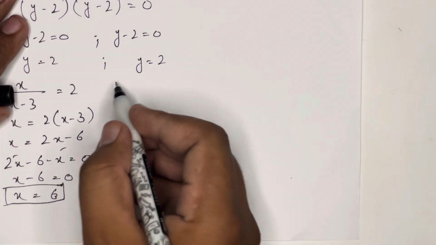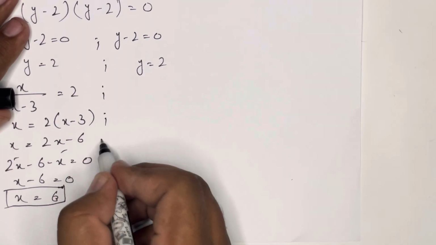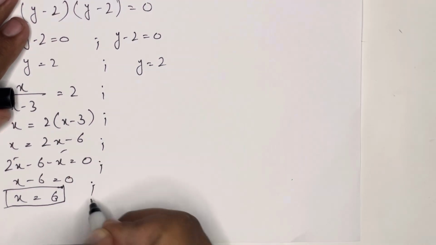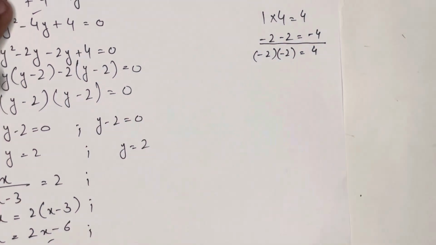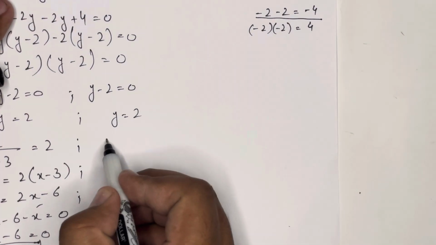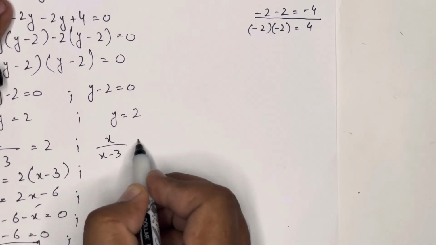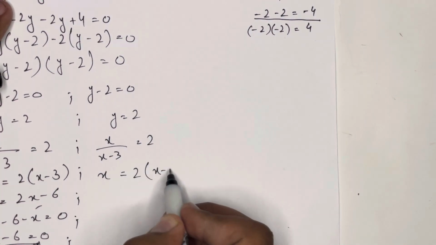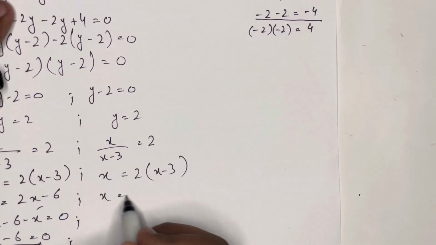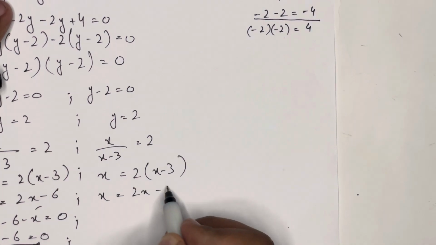And as we know that these two values are the same, there will be no difference, and I can write x over x minus 3 equal to 2. And when I multiply by x minus 3, I can write 2x minus 6.